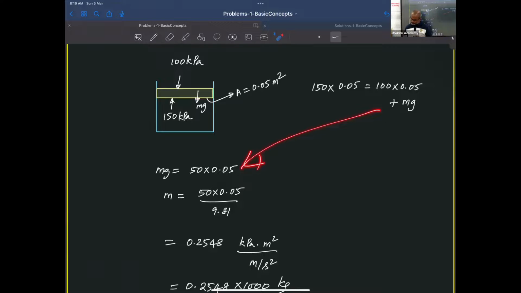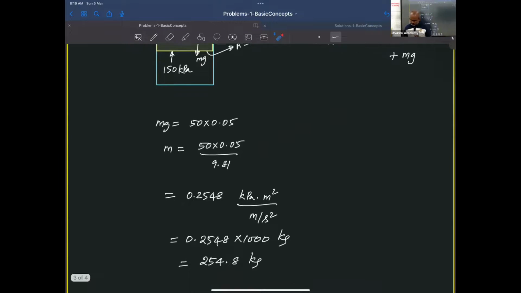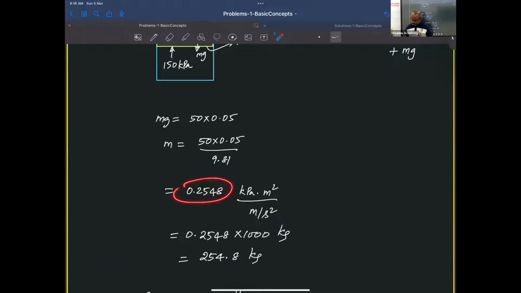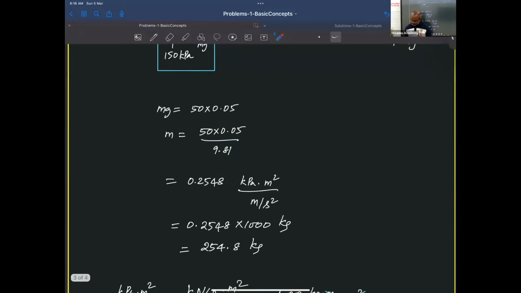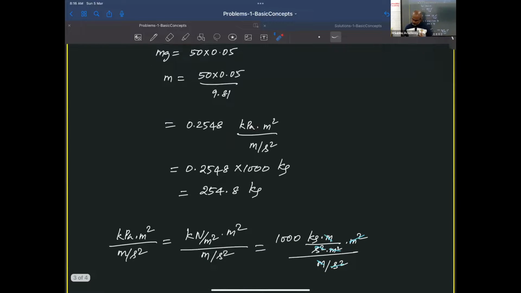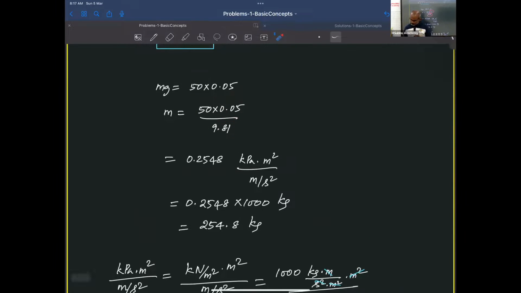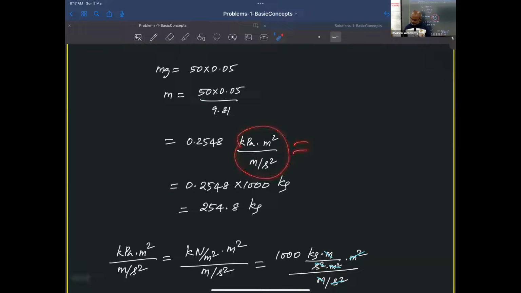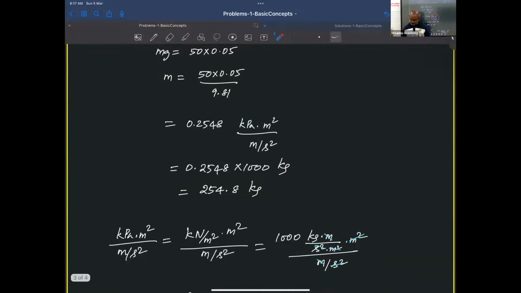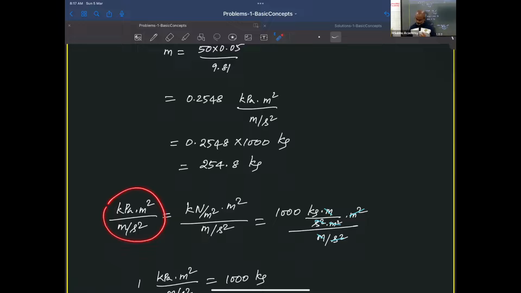Simply taking this, we are getting m as 0.2548. Of course, pressure is in kilopascal, and area is in meter square, and in the denominator this is 9.81 meter per second square. So we need to check what is the unit of this, whether it is giving directly kg or 1000, whatever it is giving. So kPa into meter square by meter per second square, I'm writing this entire thing.